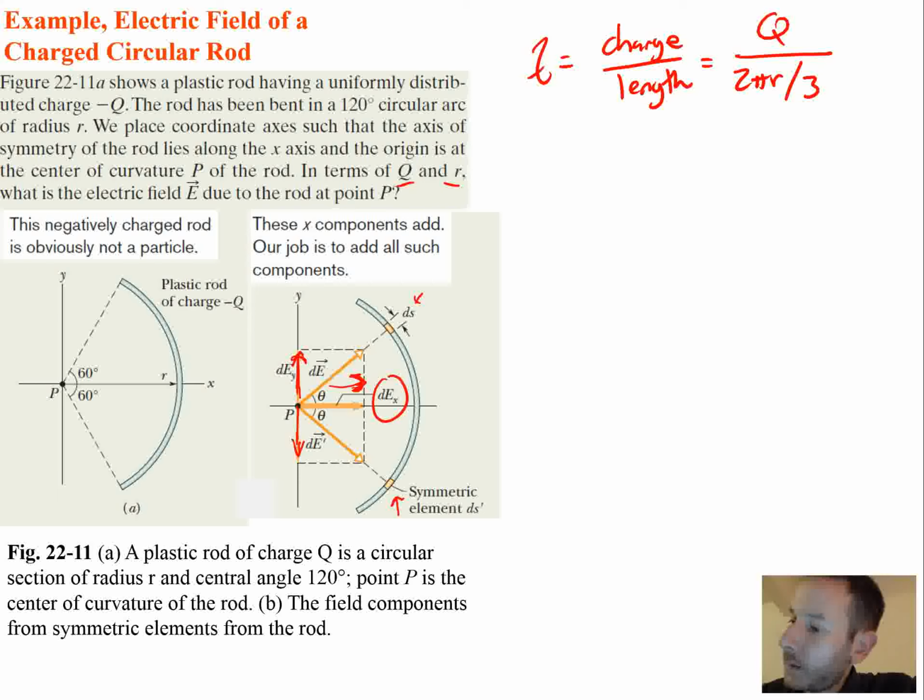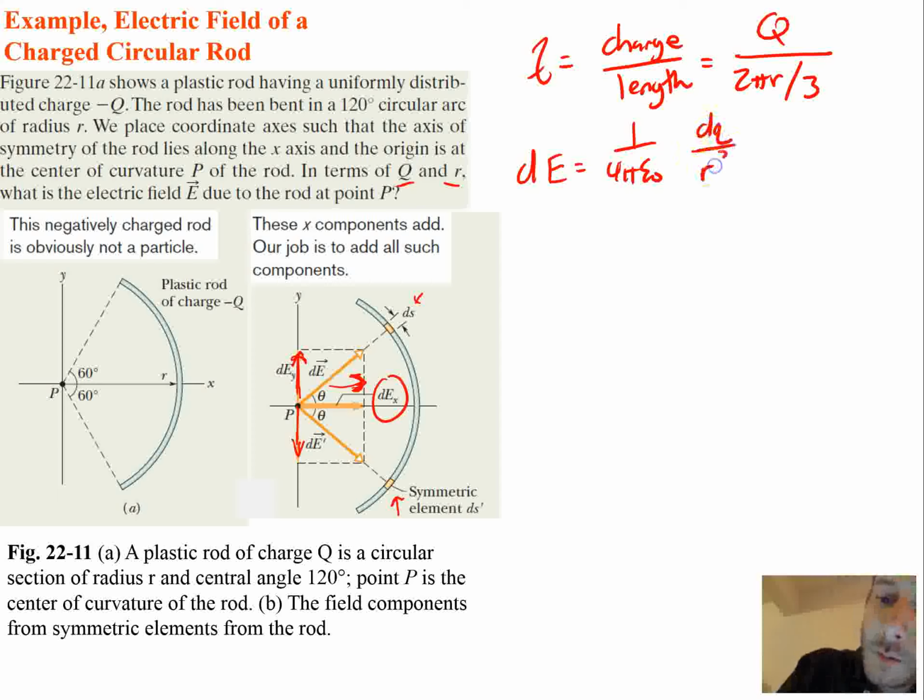So the next thing that we can do is go ahead and look at the equation for the electric field. Again, we want to use the same equation. We're using this element dE, 1 over 4 pi epsilon naught, and that's going to be dq over r squared, not r cubed.